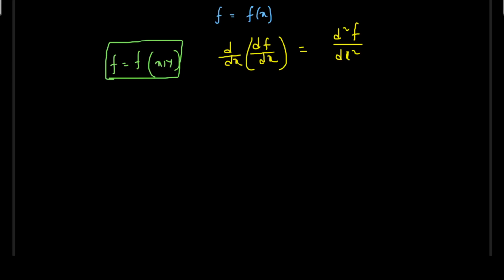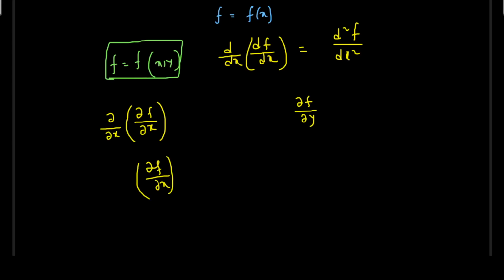Or we have the first differentiation del f over del y. These two are possible. Now if we want to take the second differentiation of del f del x, we have two possibilities: one with respect to x and one with respect to y.